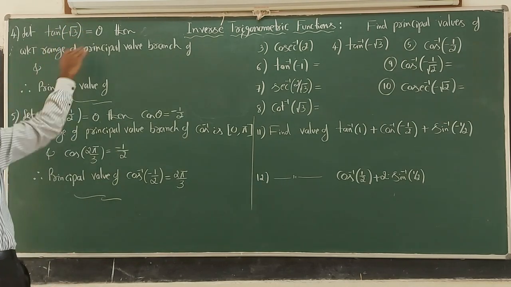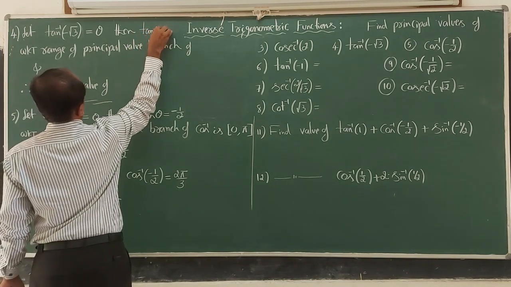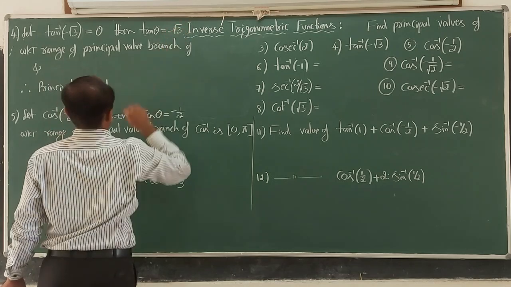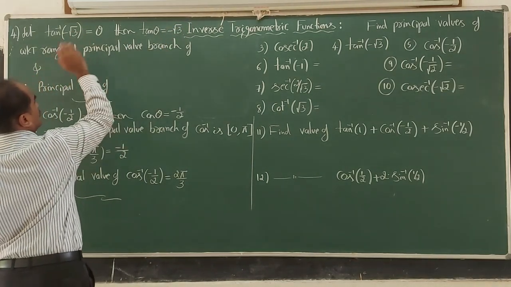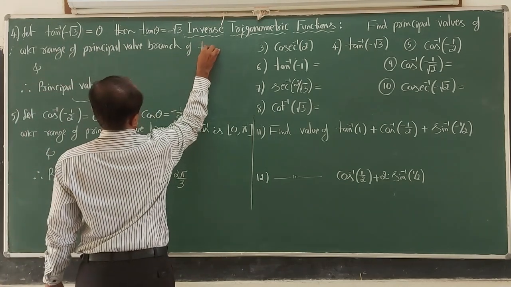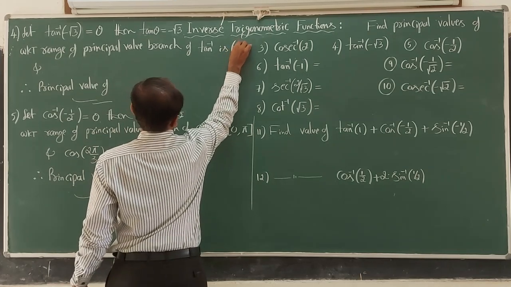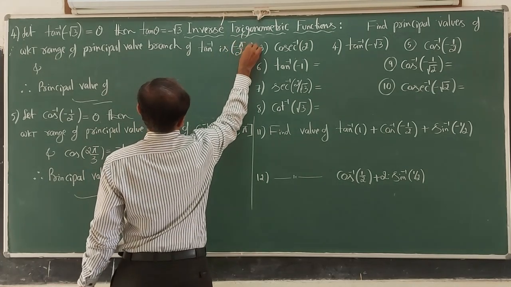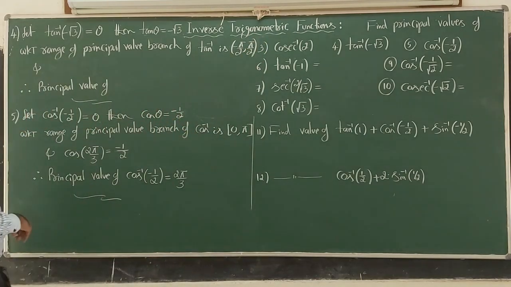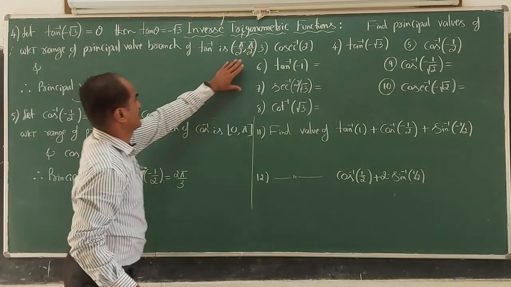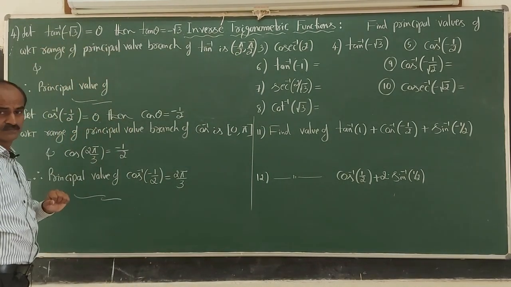Let tan inverse of minus root 3 be theta, then tan theta is minus root 3. The range of principal value branch of tan inverse is the open interval minus pi by 2 to pi by 2. And find an angle in this interval such that tan of this angle gives us minus root 3.